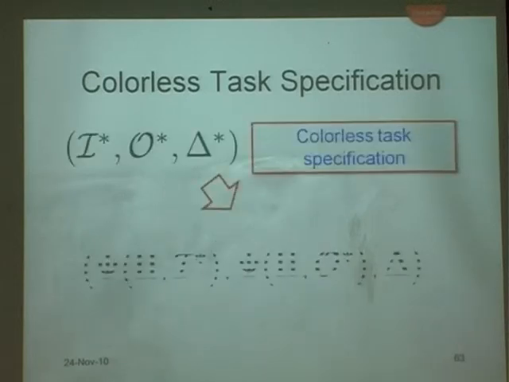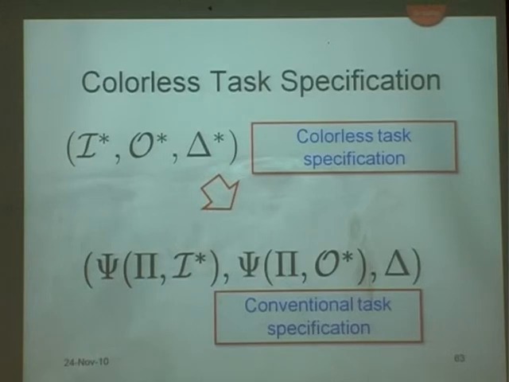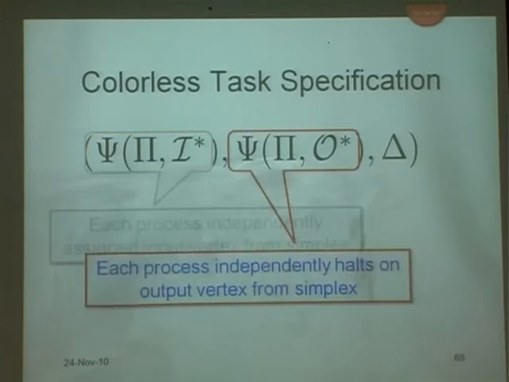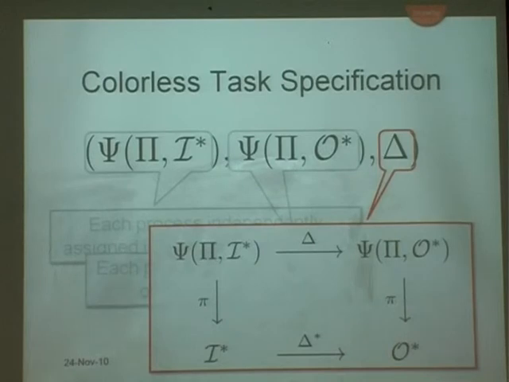So the colorless task specification we can write as a conventional task specification where each process is independently assigned an input vertex from a simplex in the input, same for the output. You don't need to worry about this, but it just says that delta and delta star do the obvious things: it's the same as throwing away the process ID and then applying the colorless map.